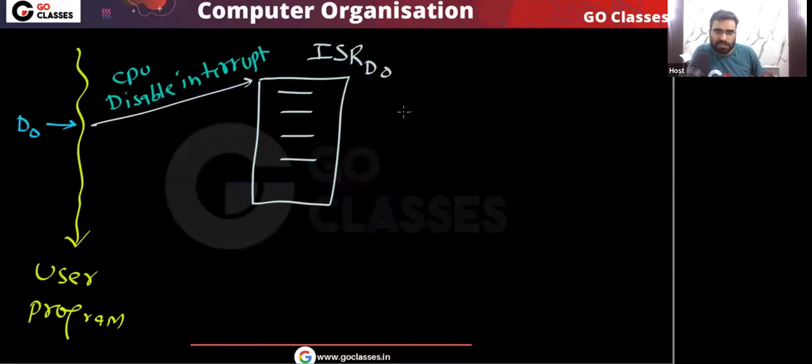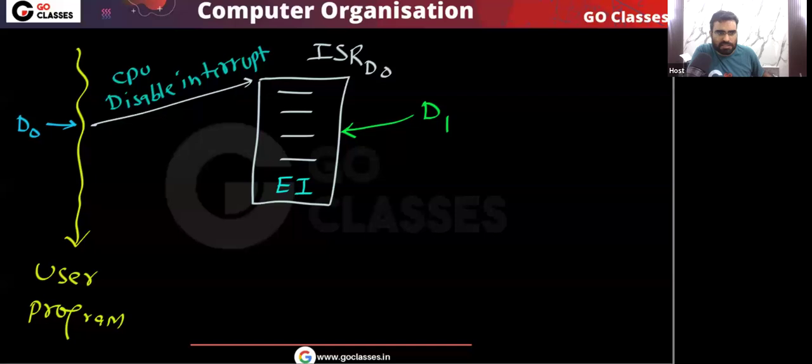Let's assume at this point device D1 is sending an interrupt. But the CPU will not check this interrupt, because interrupts are disabled. The CPU will execute this ISR completely.